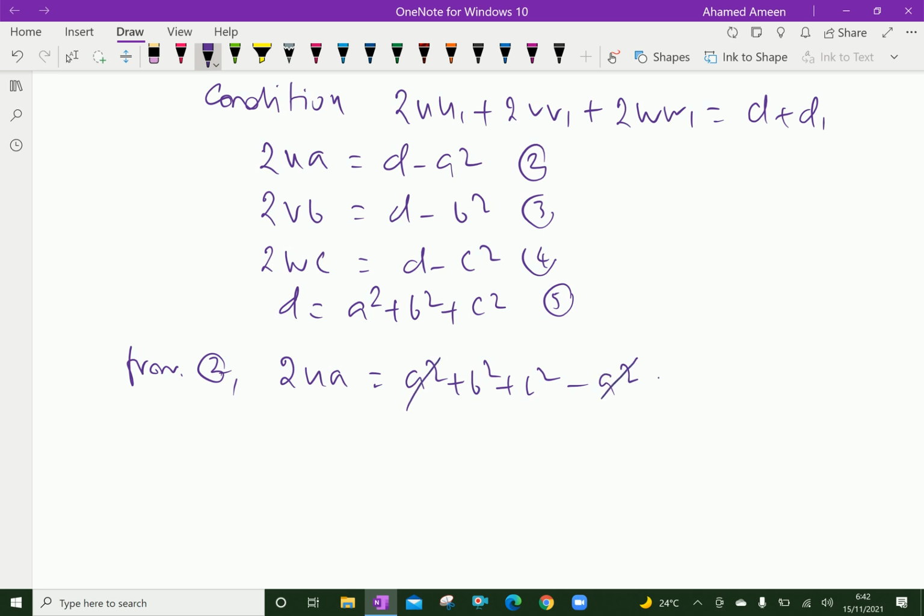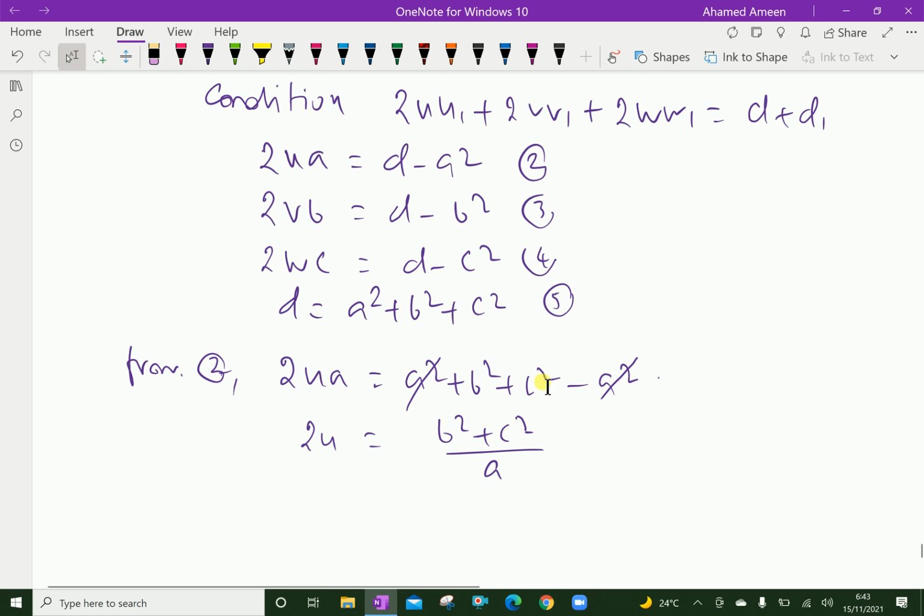Cutting a square, we get 2u equal to b square plus c square over a. Similarly 2vb equal to d minus b square.